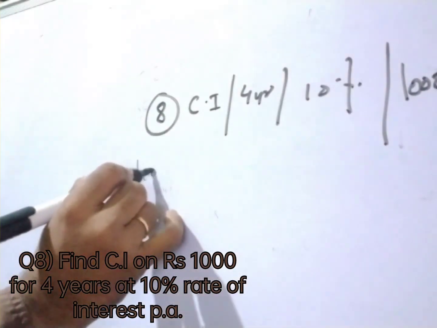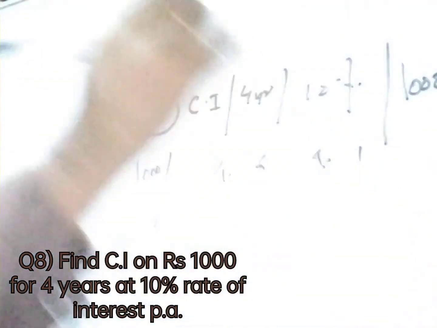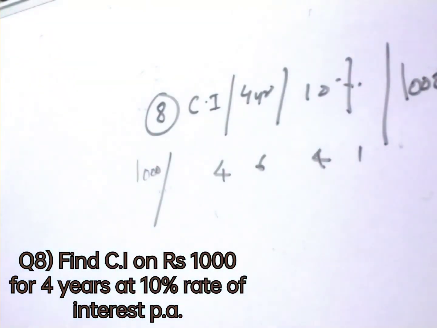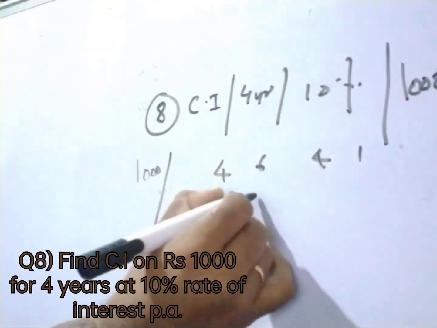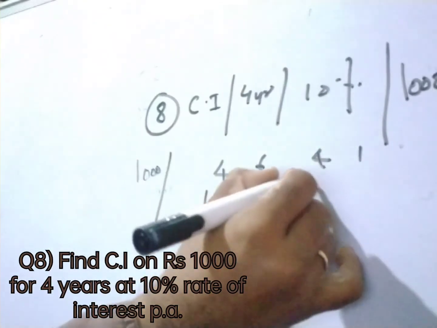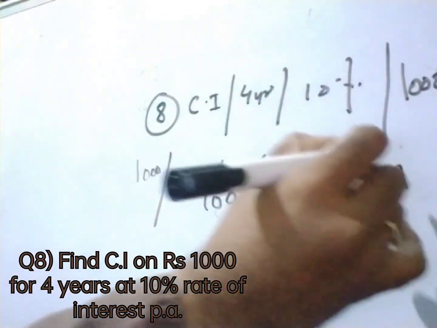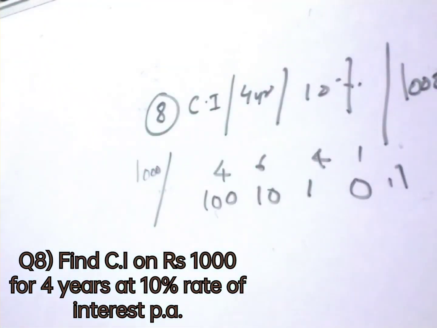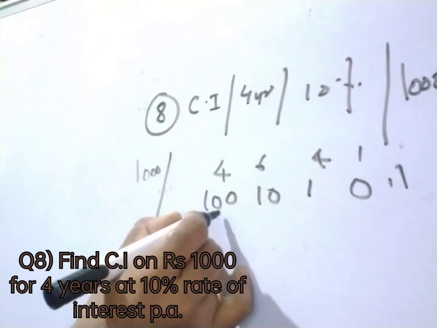So 1000, 4-6-4-1 because it is for 4 years. Now for 1000, 10%, 100.